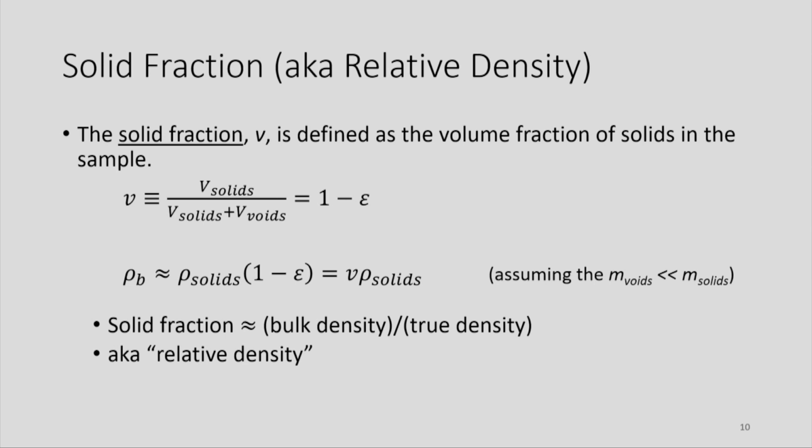You get the same relationship from the solid density and the bulk density of the material. It is also called the relative density, the ratio of bulk over true density.